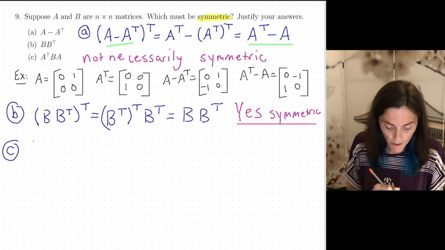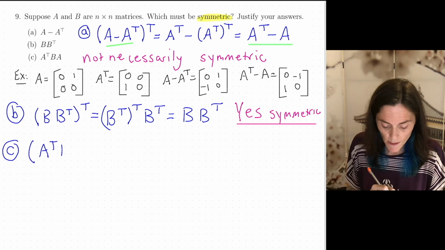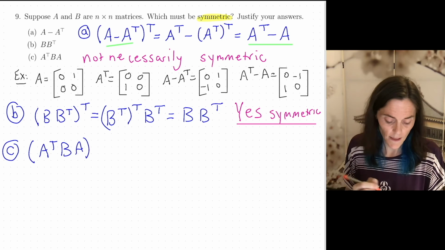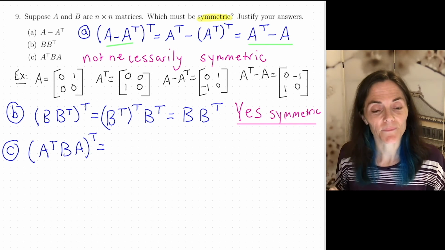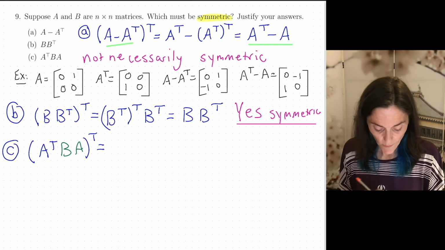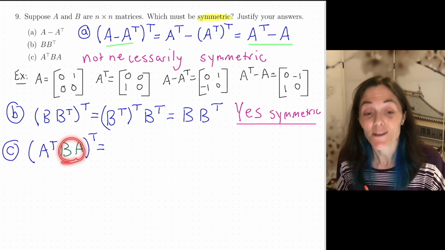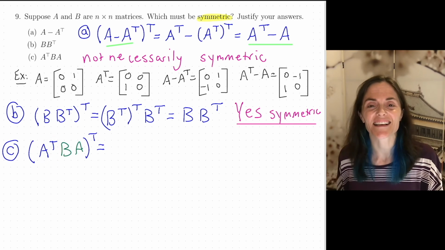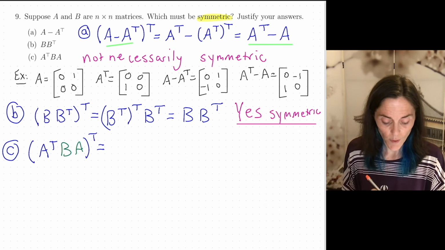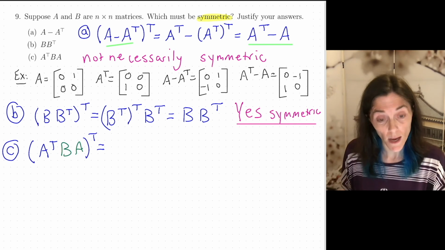One more, letter C. This is kind of similar. We have A transpose B A and take the transpose. Now here, I'm going to group some things. In green, I'm thinking about as one matrix, and here I'm thinking about the other matrix, and I can use my property of how do you take the transpose of a product.